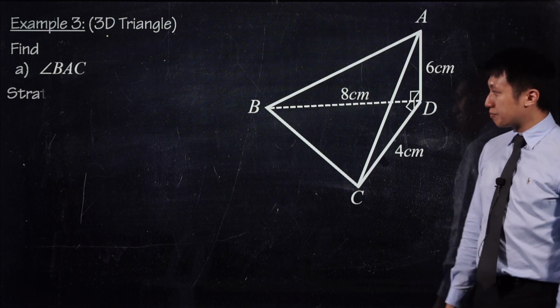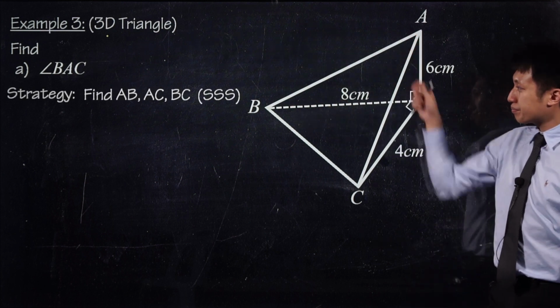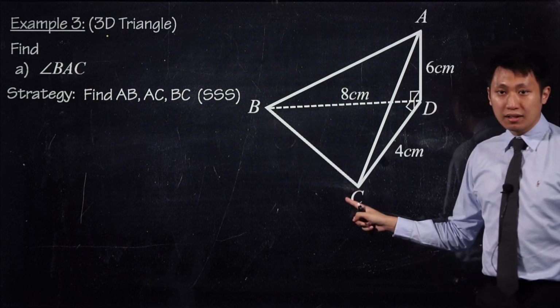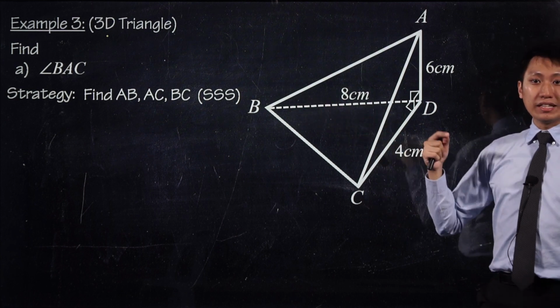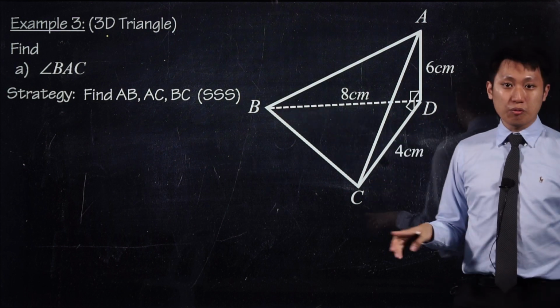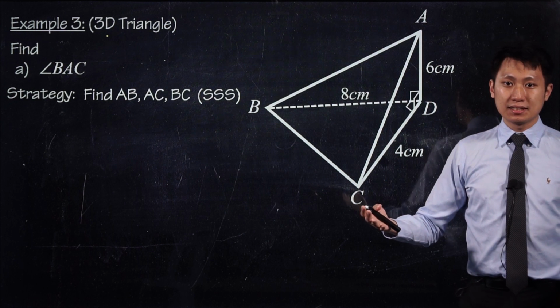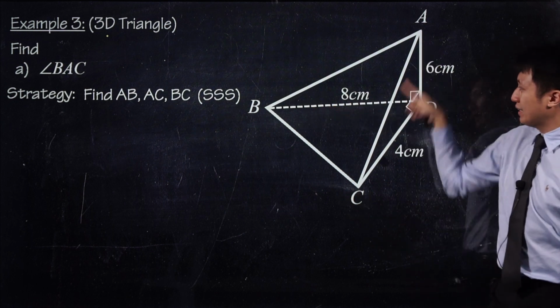Alright, great. Now, let's try this. Our strategy is to find AB, AC, and also BC. After that, if we found this one and this one, then we get that top triangle, we get SSS. If you have SSS, are we able to find BAC?